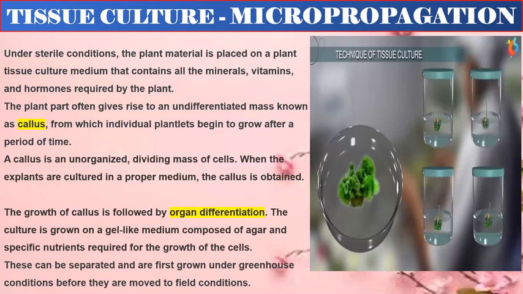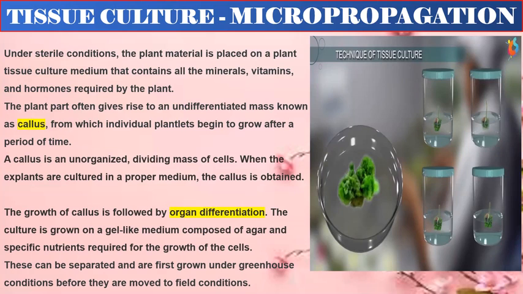In this process, under sterile conditions, the plant material is placed on a plant tissue culture medium or a nutrient rich medium for the plants that contains all the minerals, vitamins, and hormones required by the plant.